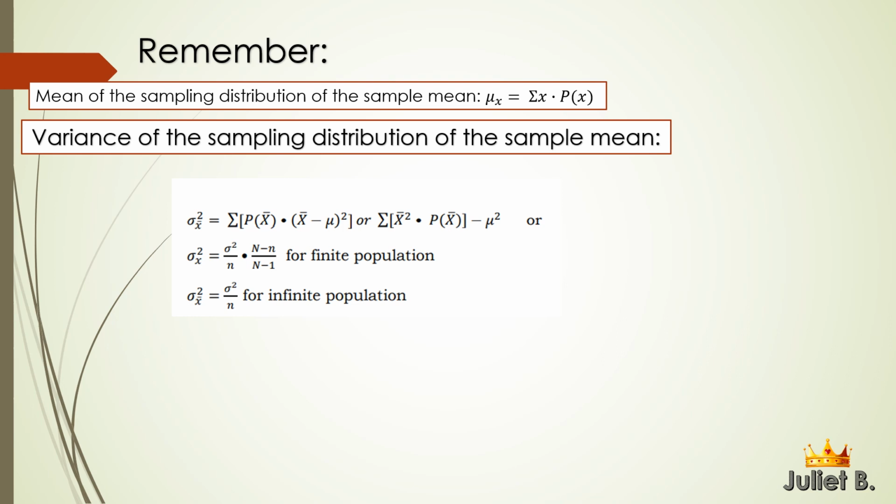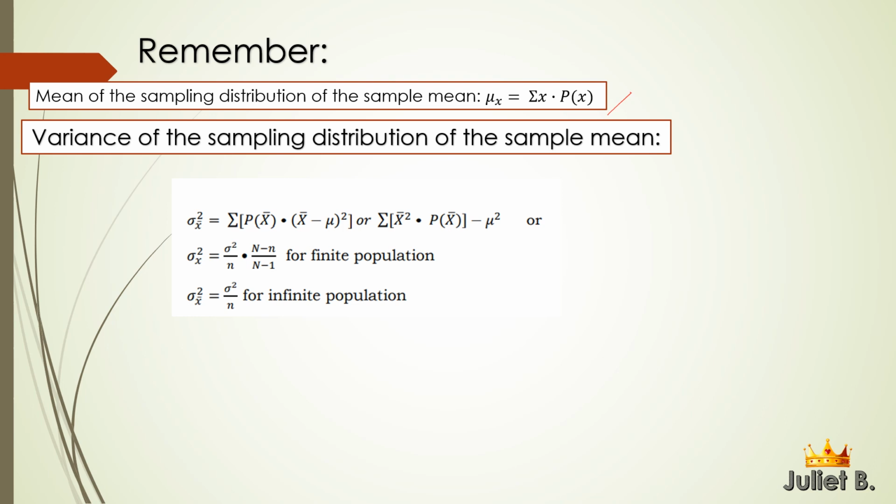Remember this. The mean of the sampling distribution of the sample mean is equal to the summation of x times the probability of x.